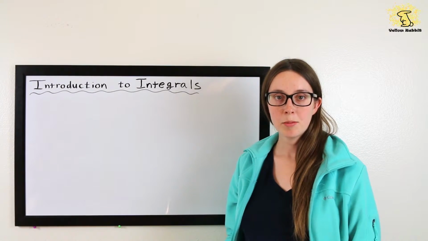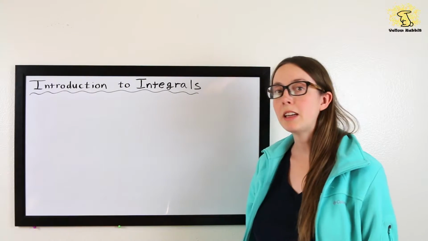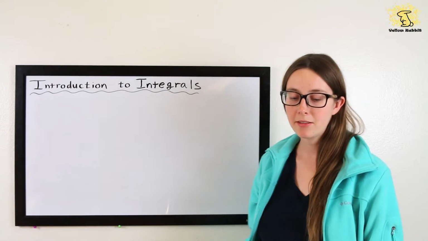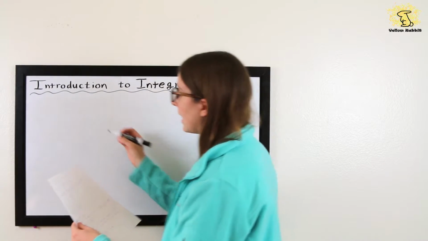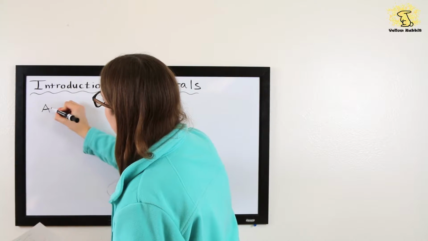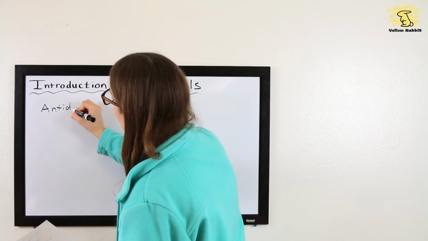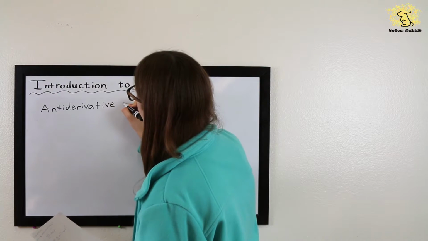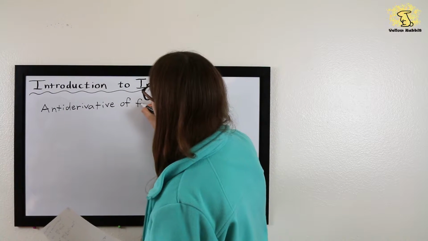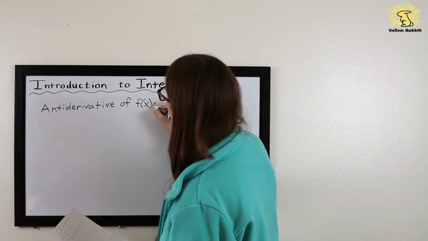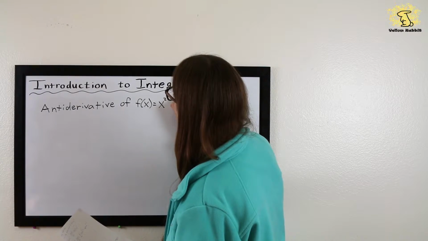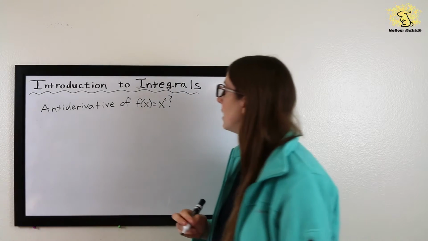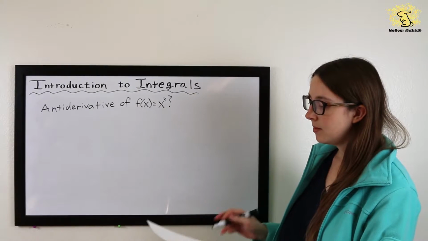Let's do a practice problem to try solving for an antiderivative. So let's find the antiderivative of the function f of x equals x squared. What is this antiderivative?